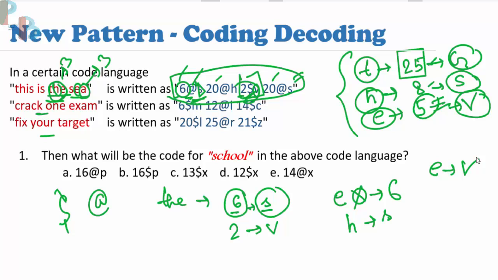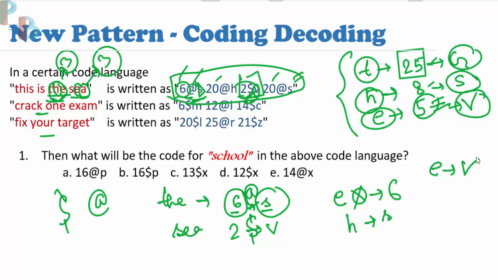But for both we are getting, for SEAC we have $2V, meaning we are getting dollar here, and for this it is 6 at the rate S. That means the number of letters is not applicable for this coding.